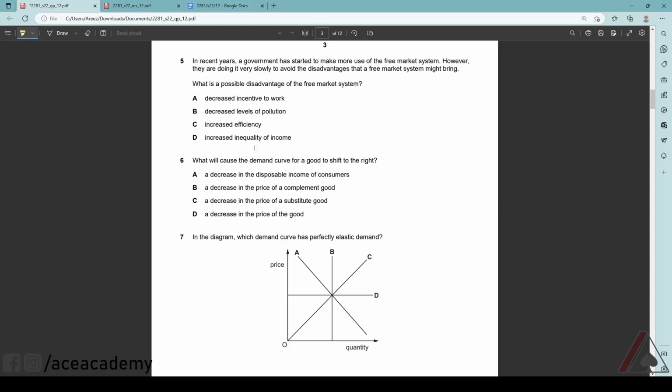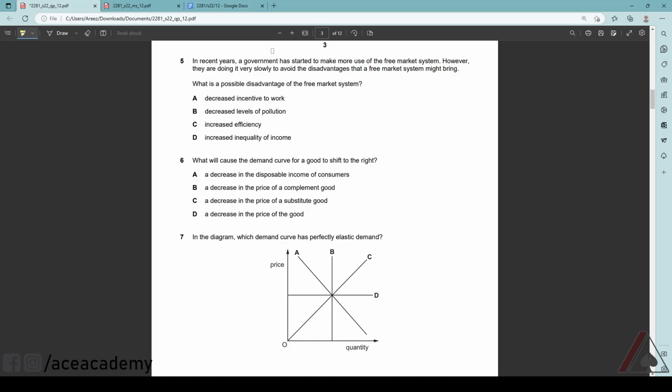Lastly is increased inequality of income. If there is little to no government intervention, it means that there's not going to be minimum price or maximum price floors, subsidies and taxes, etc. Therefore, it's going to be easier for people to set up monopolies in industries.